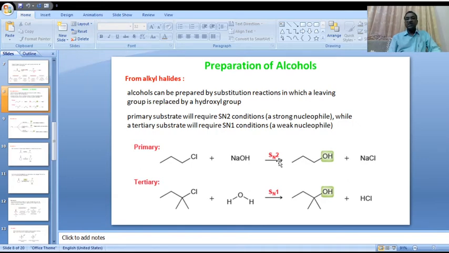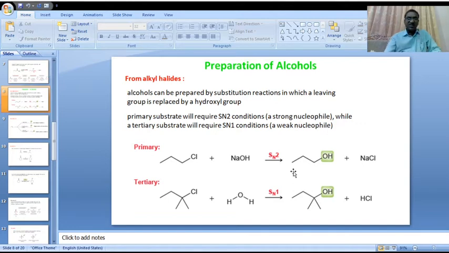Primary substrate will require SN2 condition. In SN2 condition, generally the reaction proceeds in presence of a strong nucleophile.